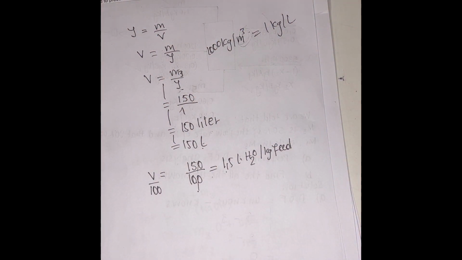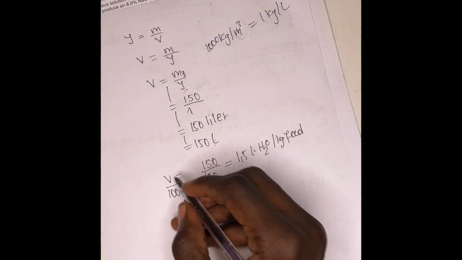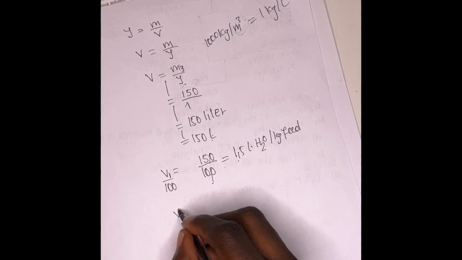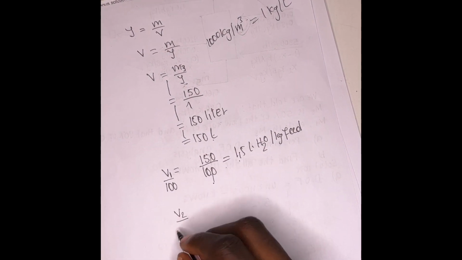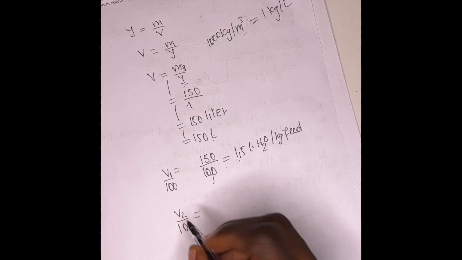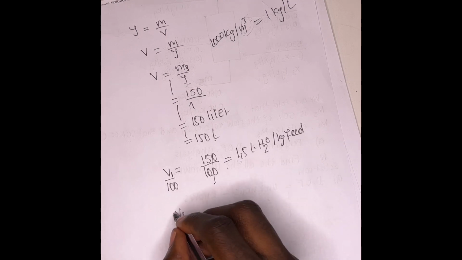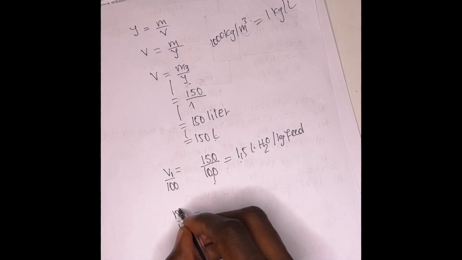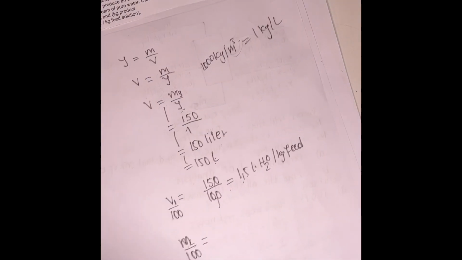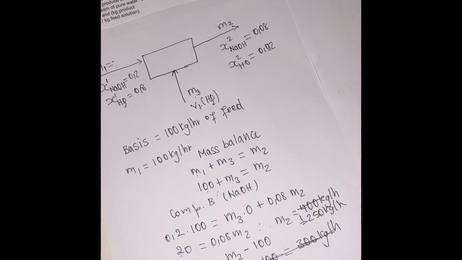Now from here, we can call this V1, and then V2 as well. What you can do for V2 is, we divide again by 1000. So what was the mass, the one we found here? This mass for, I'm sorry guys, M2. From here we can see it was 250 in M2.